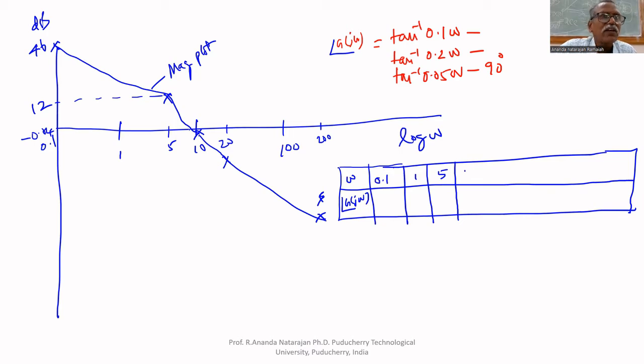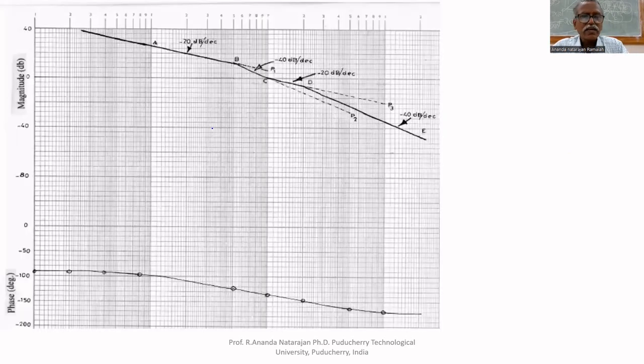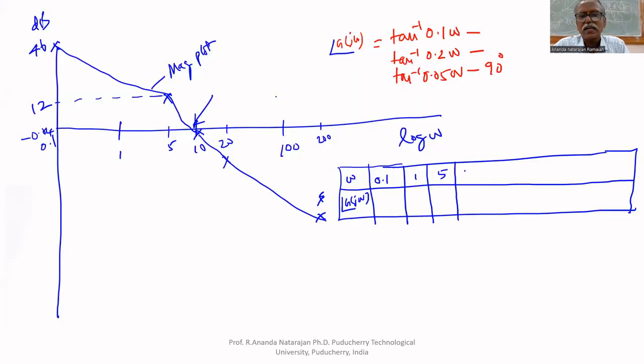We have to find where it crosses. Generally, we have to see where it crosses. This is 0.1, 1, 10. Actually, it is crossing at 10.